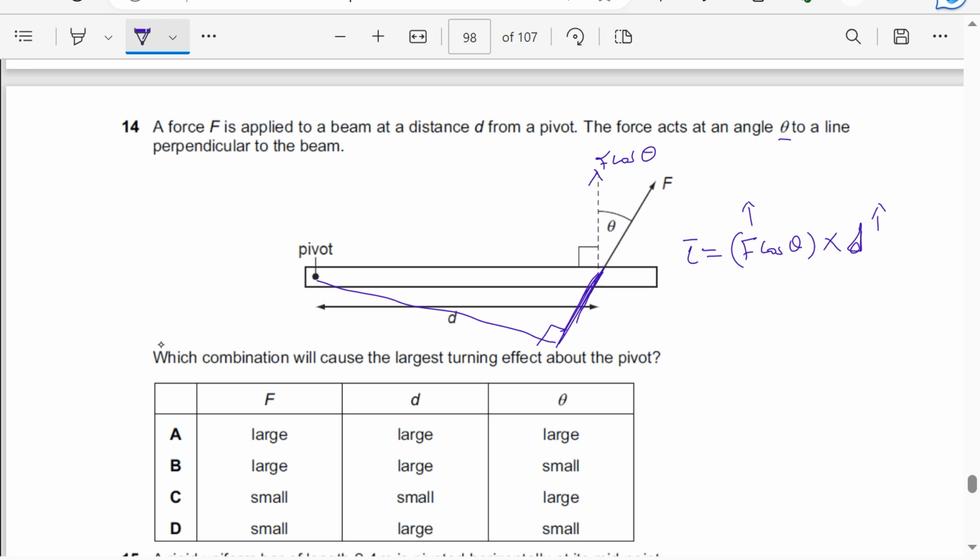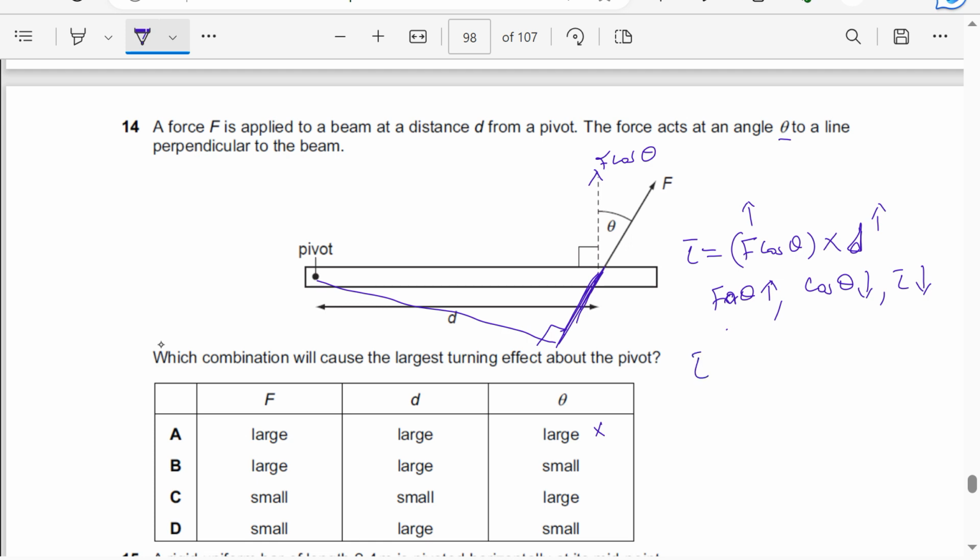Of course, if theta increases, cos theta decreases. So a large value of theta decreases the torque. So this one may not form the largest turning effect.